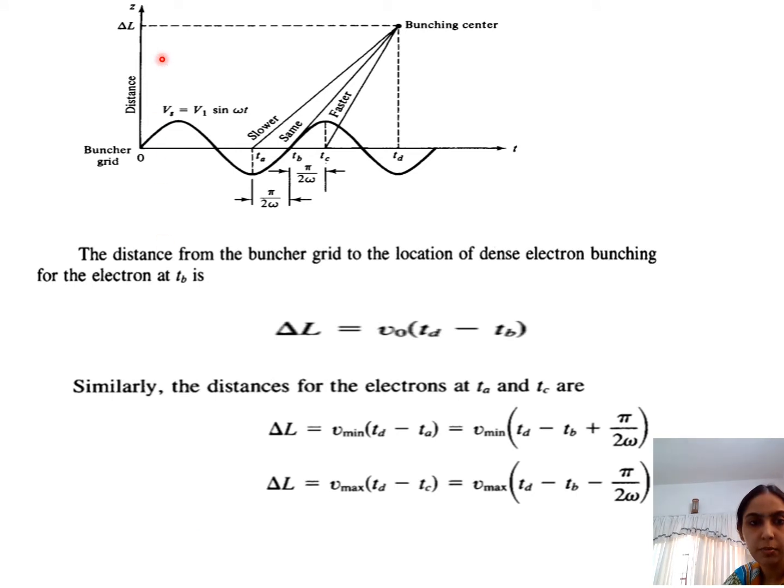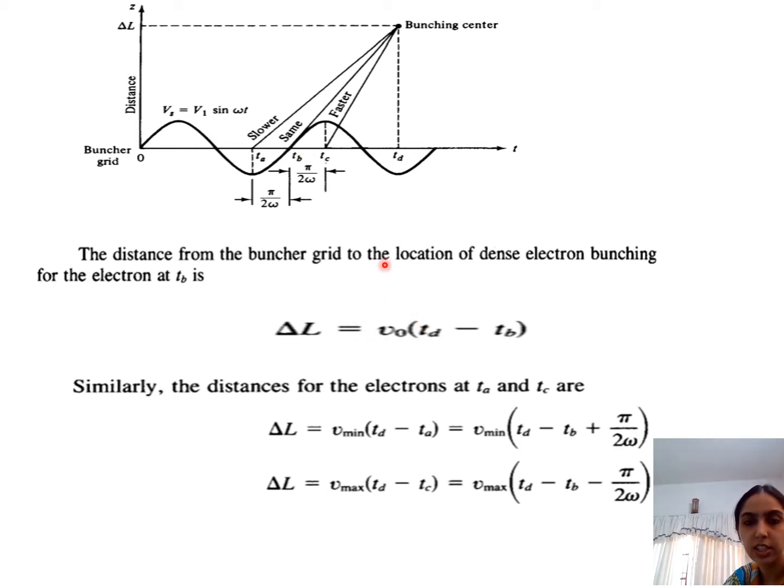Now continuing with the bunching process, bunching occurs at a time Td. The distance from the buncher grid to the location of dense electron bunching, for the electrons at time Tb, is written as distance equals velocity into time. So ΔL = V0 (Td - Tb).